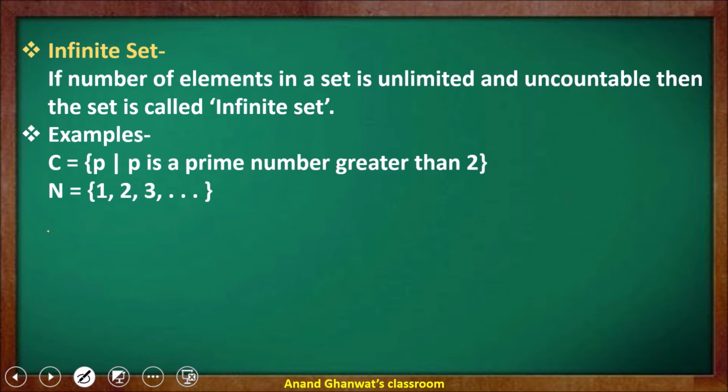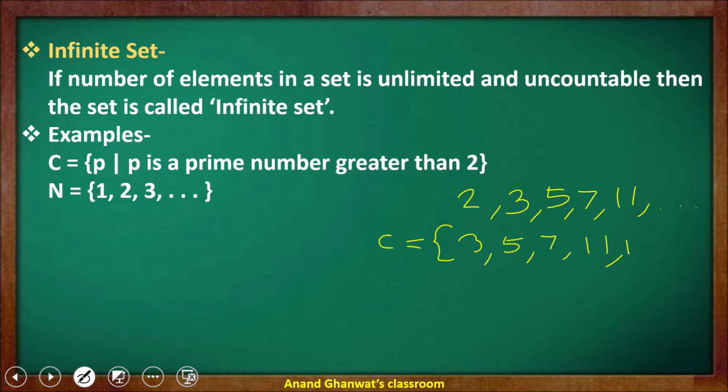We know that prime numbers are 2, 3, 5, 7, 11 and so on. Now we want the prime numbers greater than 2. So C is equal to 3, 5, 7, 11, 13 and so on.